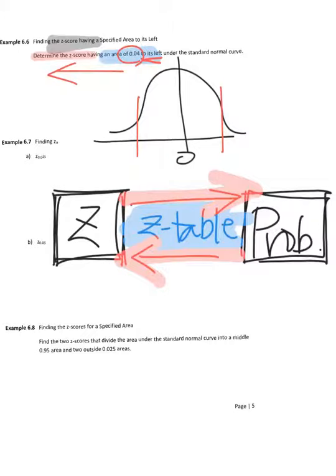Then is this one 0.04 or this one 0.04? How do you think? Which one? The example suggests the probability is to the left, which was 0.04. Then do you expect the z-score must be negative or positive?